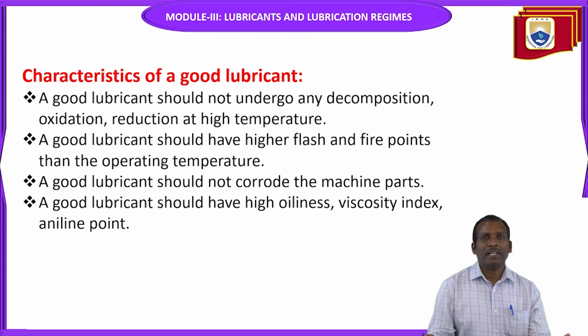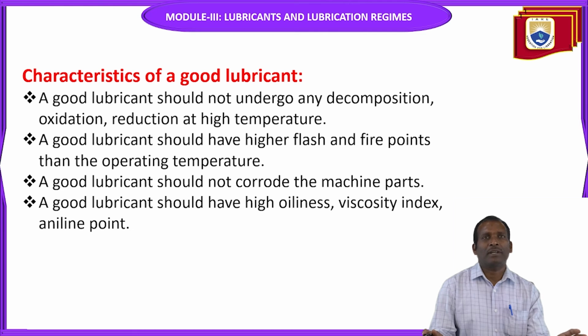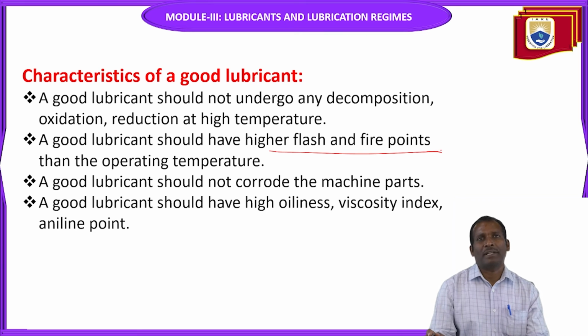Next, what are the important characteristics of a good lubricant? A good lubricant should not undergo any decomposition, oxidation, or reduction at a high temperature. A good lubricant should have a higher flash point and fire point than the operating temperature.